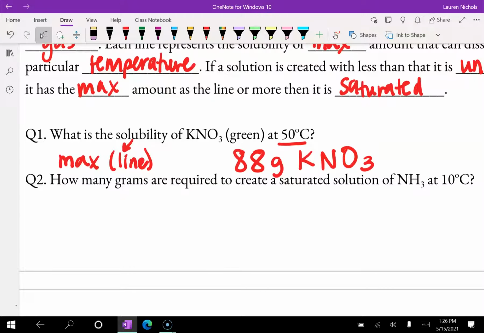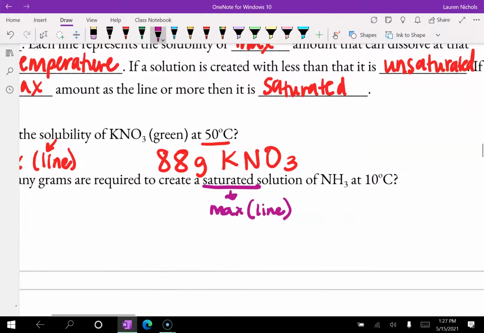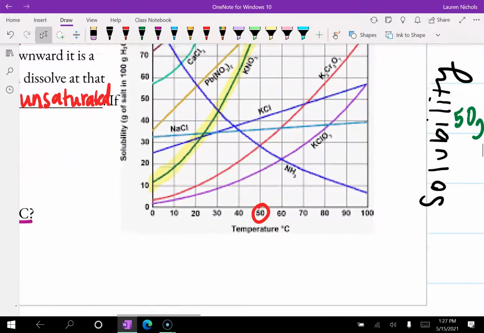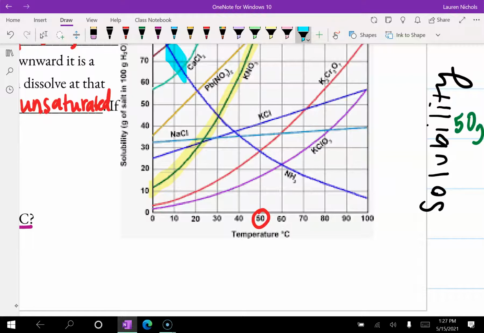Now, question 2 says, how many grams are required to create a saturated solution of ammonia at 10 degrees Celsius? And again, remember, saturated also means the maximum. So you want to think the line. And we're looking at 10 degrees Celsius. So ammonia is this blue line here.